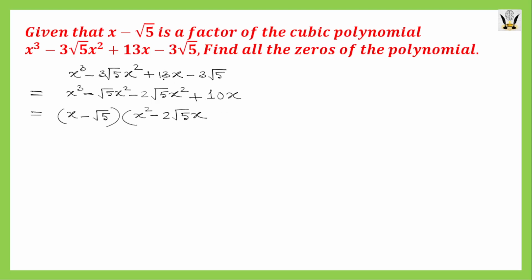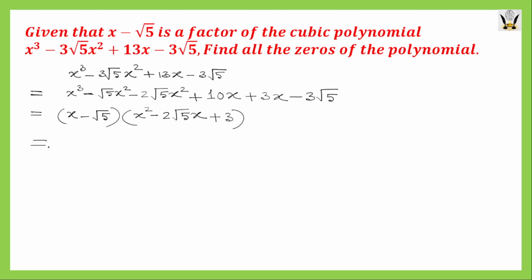Now here we have plus 13x, so we need to add one 3x term. And to get that 3x term, we need to multiply x by 3. But the extra term we are getting here is minus 3 root 5, and that's what we need to balance the given cubic polynomial, because in that cubic polynomial also the last term is minus 3 root 5.